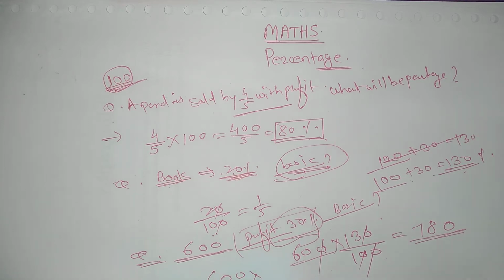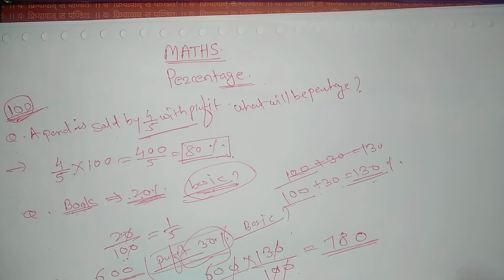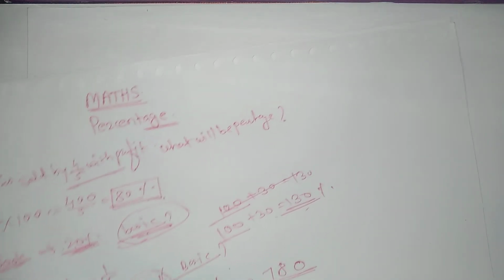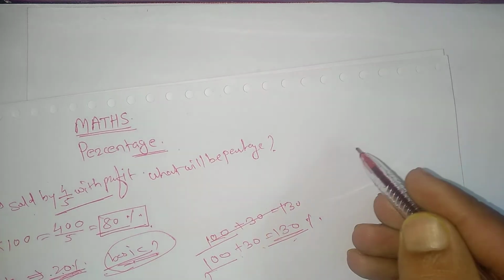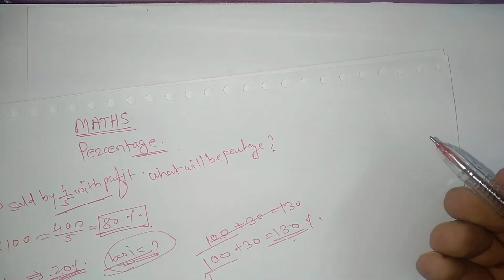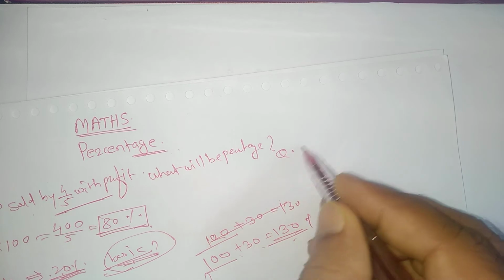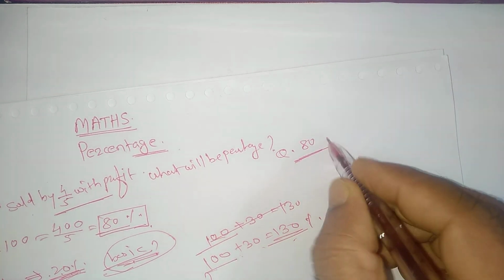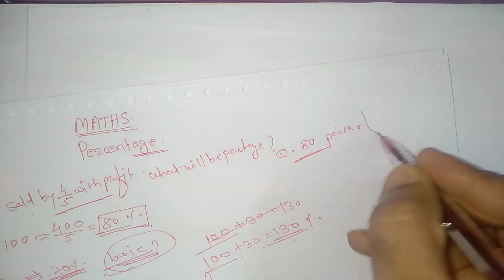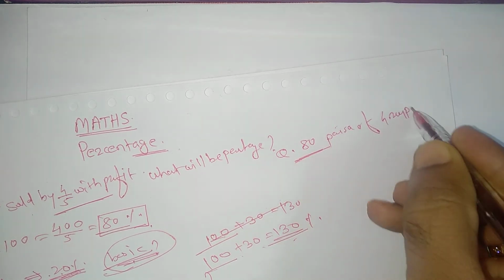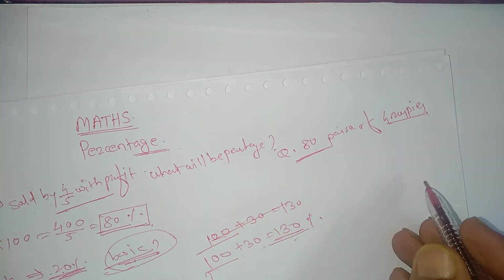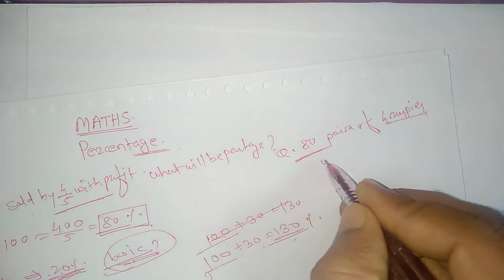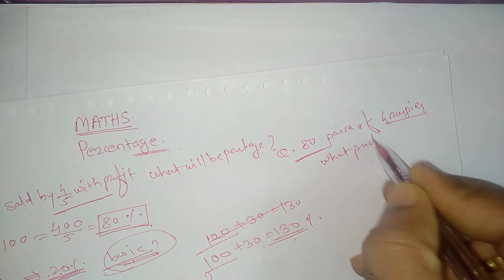So we'll see one more type of question on percentage. In percentage, we may have questions involving money amounts. If the question is: 80 paisa of 4 rupees, what is the percentage? 80 paisa of 4 rupees, what percentage?